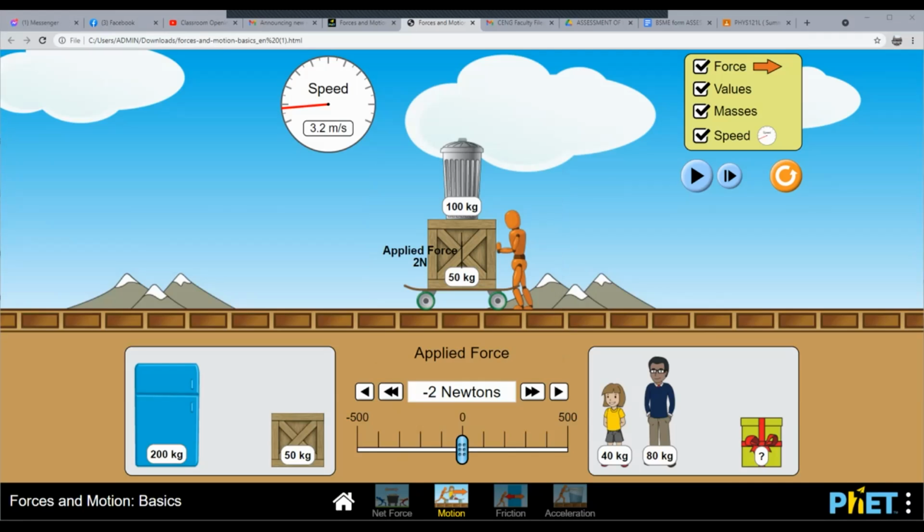And kapag nag-increase tayo ng mass, ano ang mangyayari sa force? Tataas din po. Mag-i-increase.